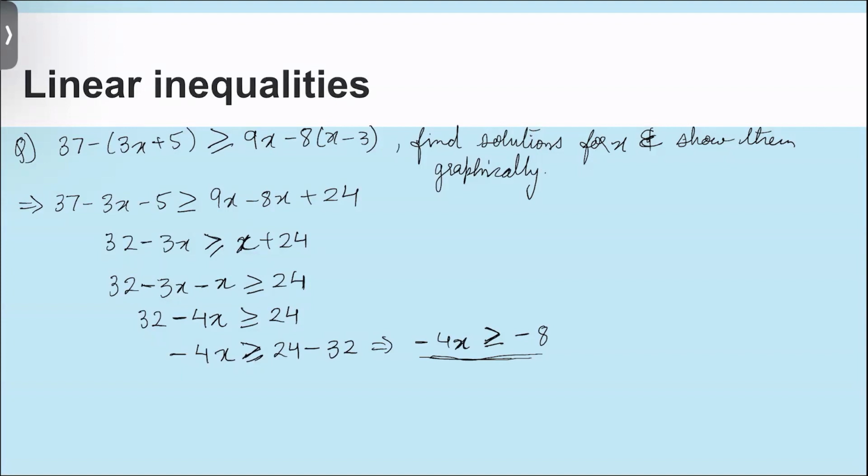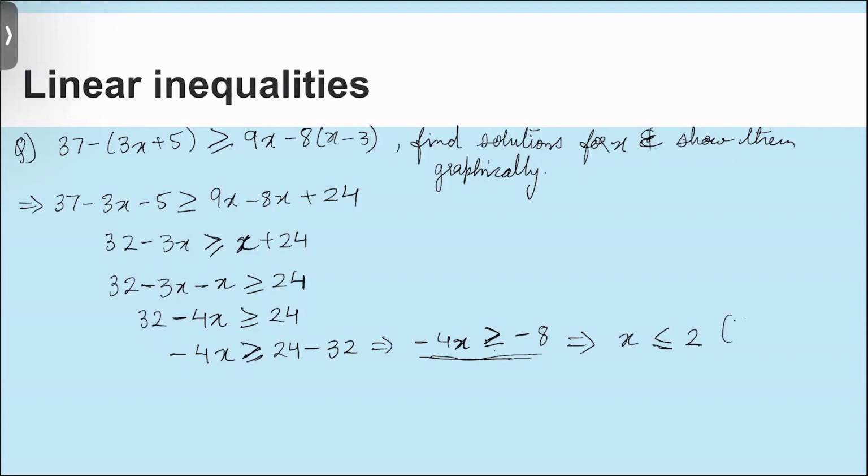Over here the coefficient of the variable is minus 4. So what you can do is divide both sides by minus 4. Now, since we are dividing both sides by minus 4, the inequality sign will be reversed. So therefore, what we will get is x is less than or equal to 2.